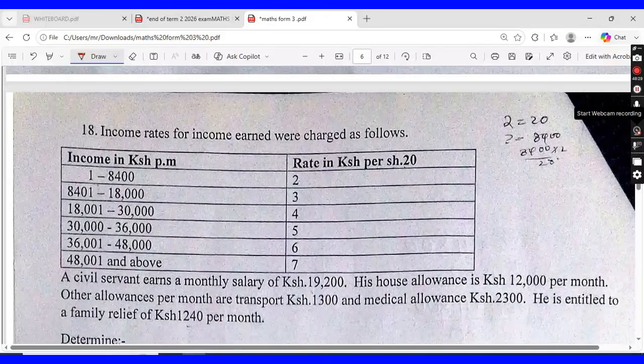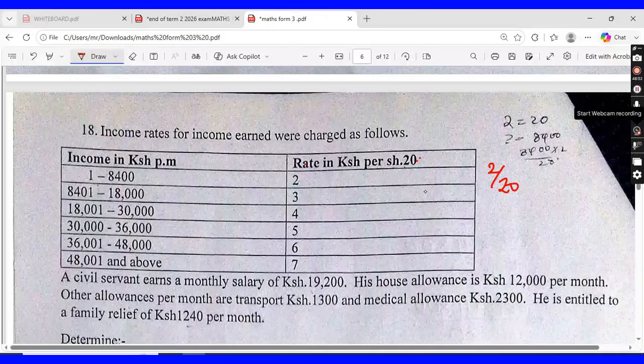Now from there you start from the first band and do the taxation. So in the first band, look at this one. Rate in Kenya shillings per shilling 20. So this one is 2 over 20. It is 2 shillings in every 20 shillings. So kuna mahali unafaa kupiga hii direct 84 times 2.